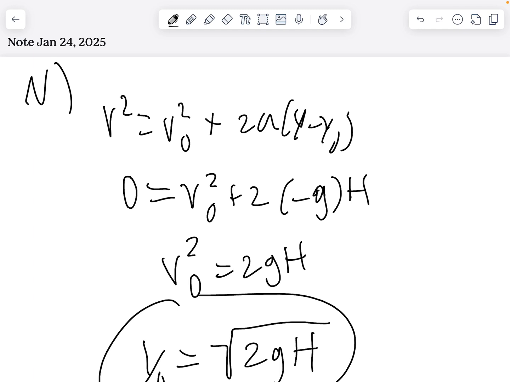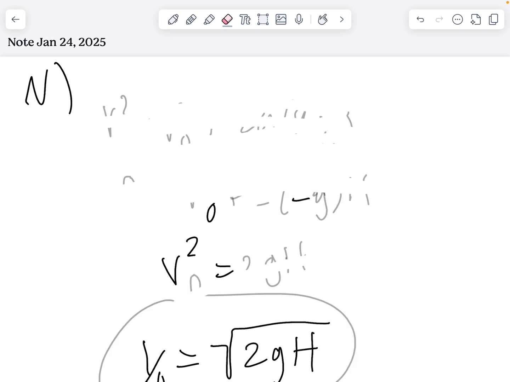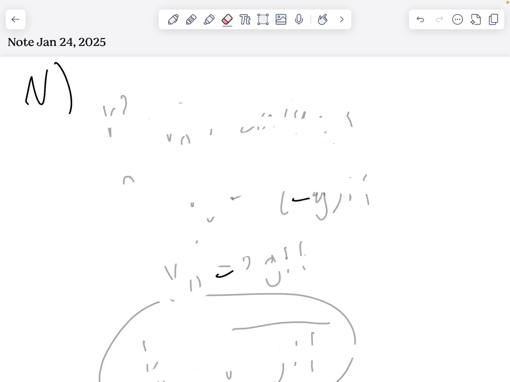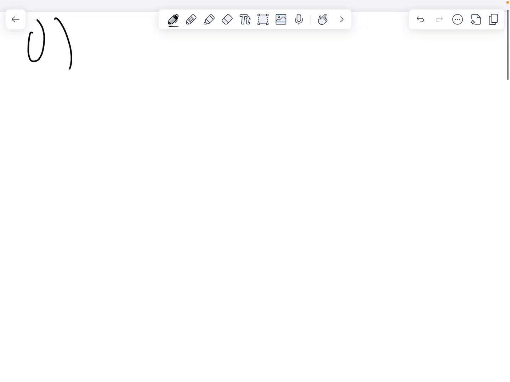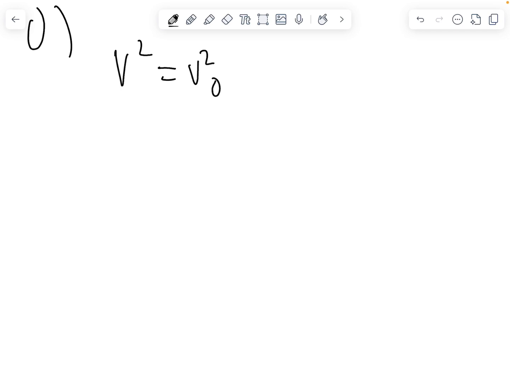Okay, same for this part, which is going to be part O. We'll be using the energy equation, which is v squared equals v initial squared plus 2a times (y minus y zero).